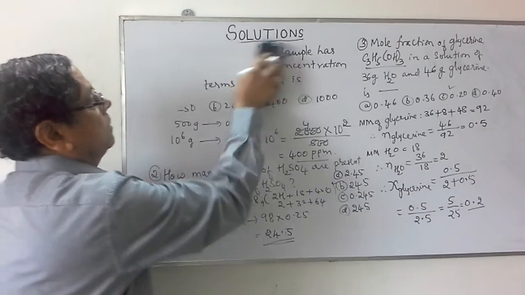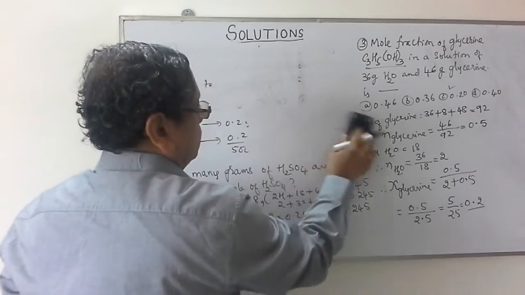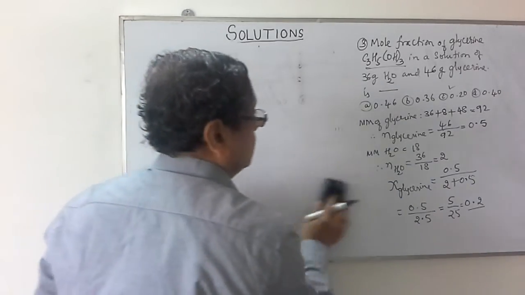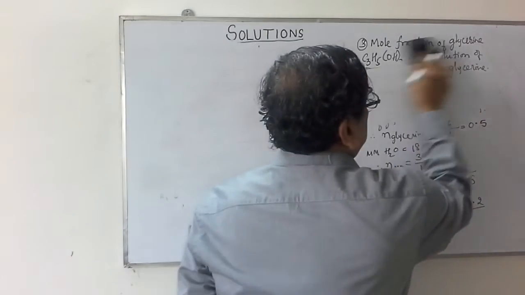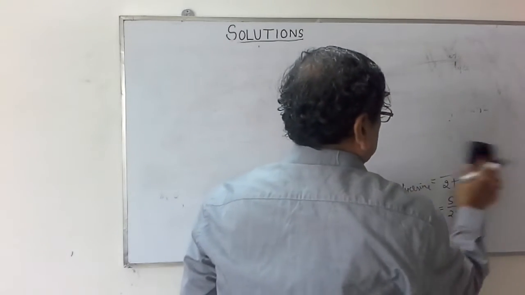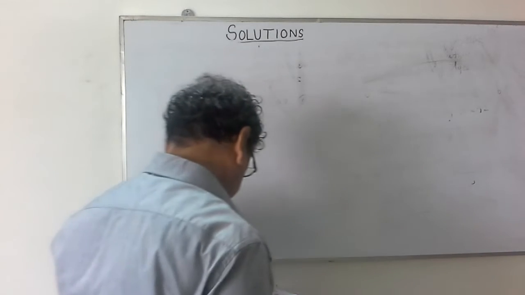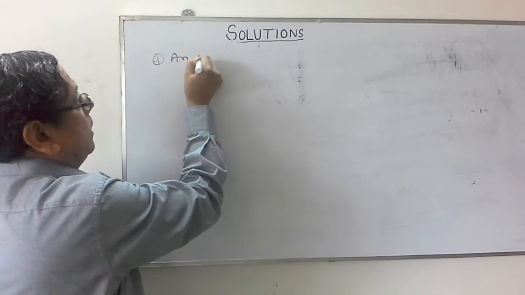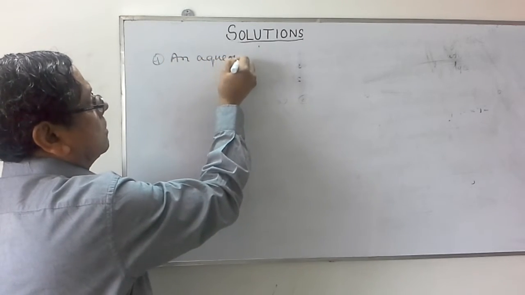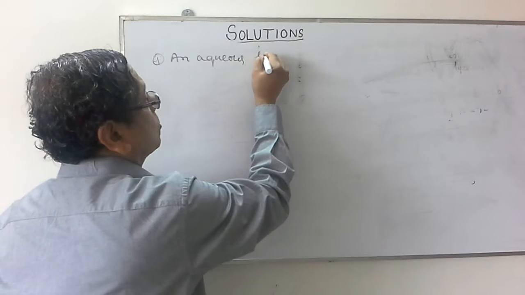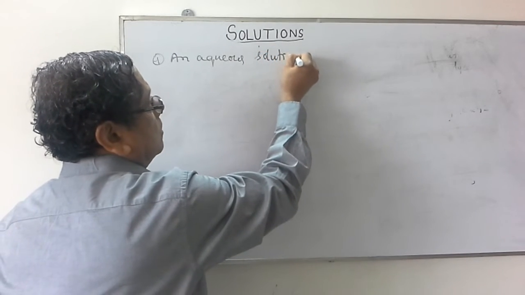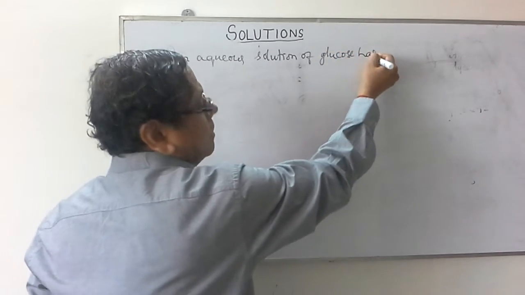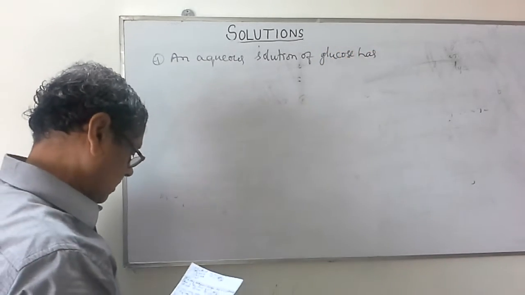Now let us consider one more problem. An aqueous solution of glucose has 10% strength.